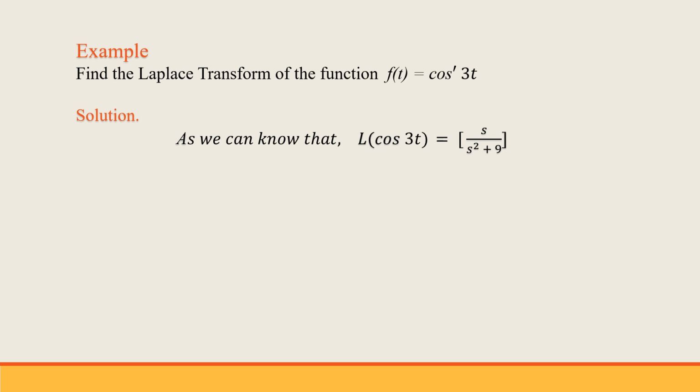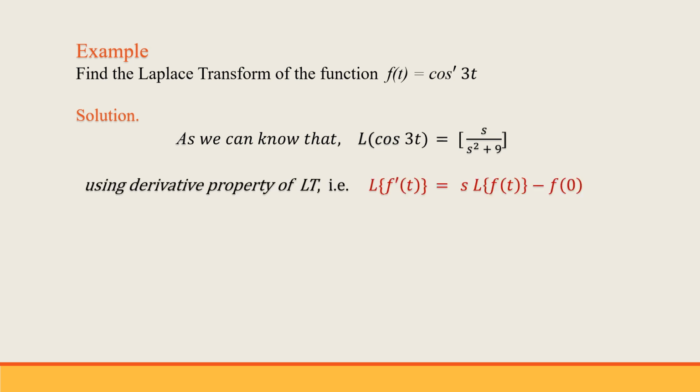Now we have to find the Laplace transform of cos dash 3t, that is the derivative of cos 3t. So simply apply the derivative property of Laplace transform that we have learned just now, that is, the Laplace transform of f dash t equals s into the Laplace transform of ft minus f0.